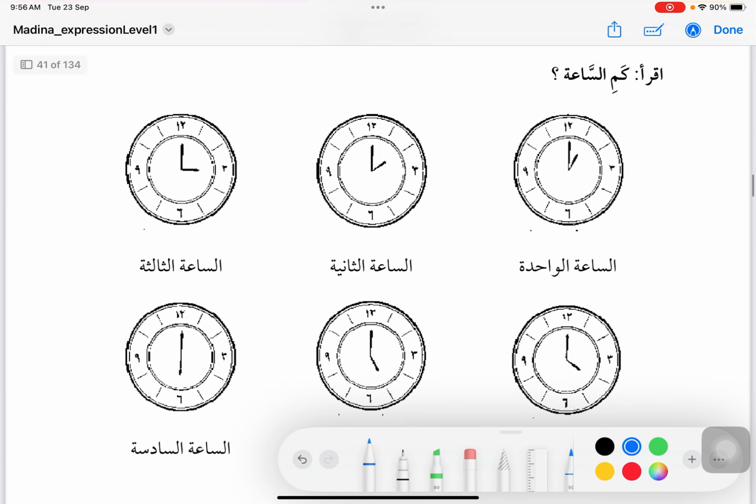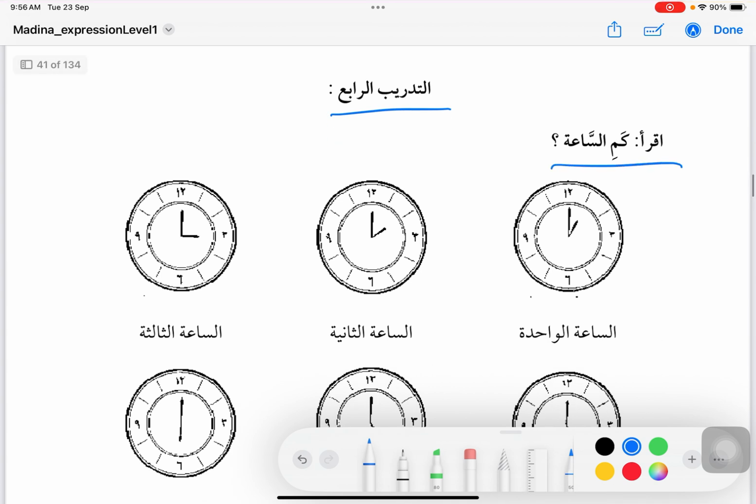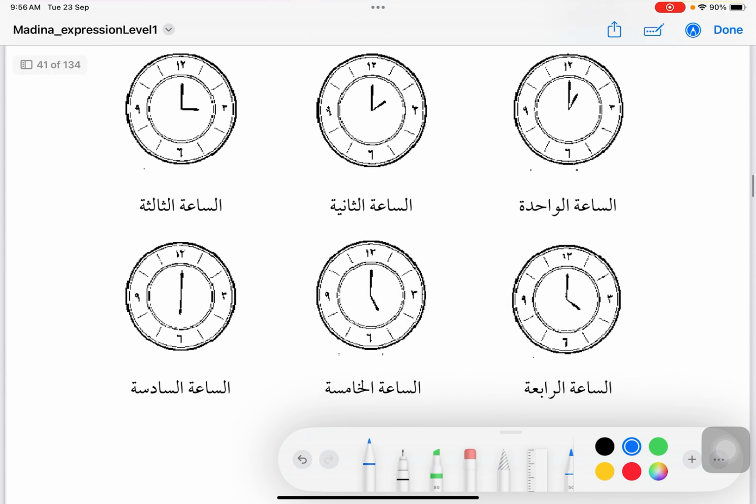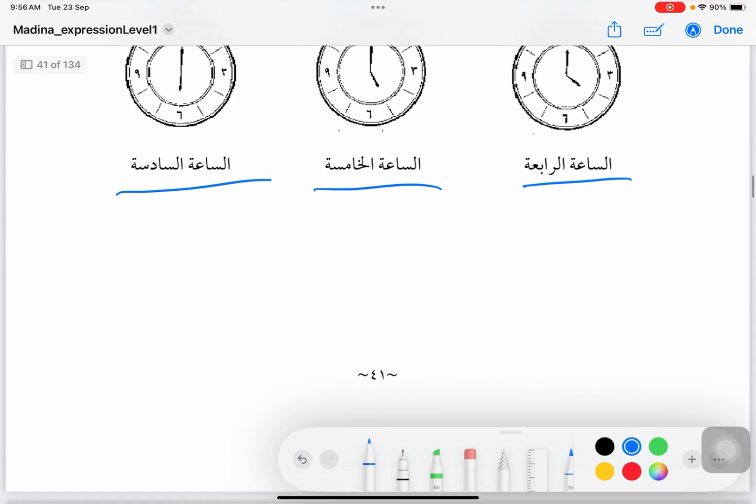And the last thing in this lesson, التدريب الرابع اقرأ كم الساعة, what is the time? So الساعة الواحدة 1 o'clock, الساعة الثانية 2 o'clock, الساعة الثالثة 3 o'clock, الساعة الرابعة 4 o'clock, الساعة الخامسة 5 o'clock, الساعة السادسة 6 o'clock.